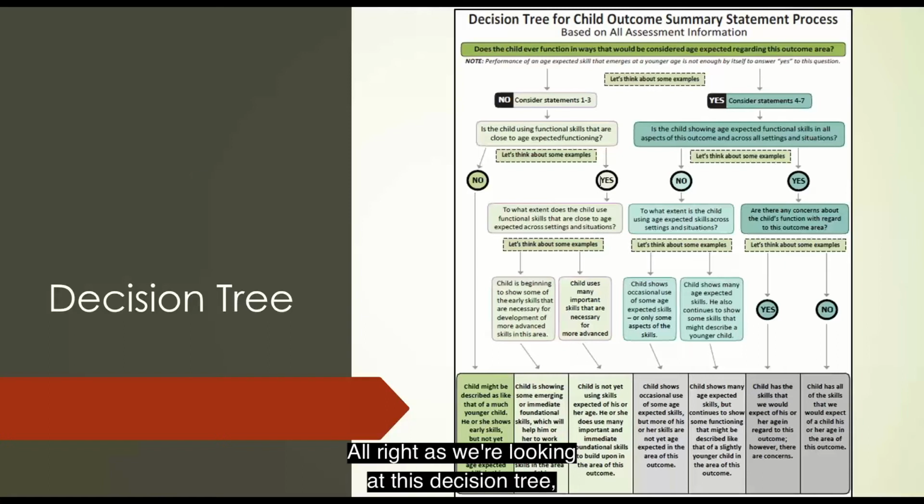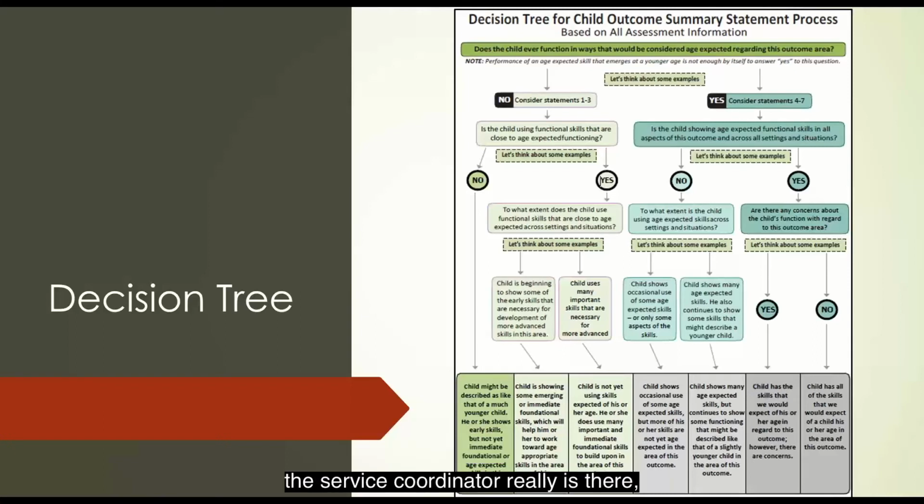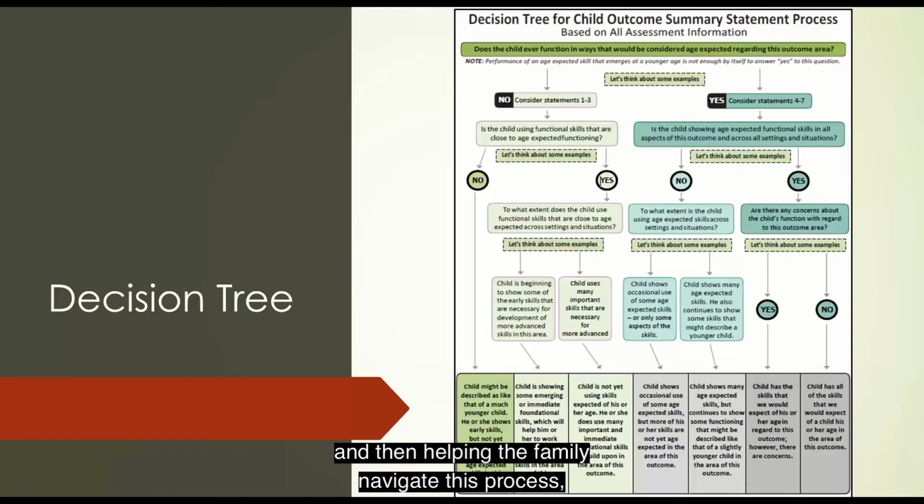All right, as we're looking at this decision tree, I think it's important again to touch on roles between the professionals, most likely the PSP, versus the service coordinator and anyone else that's there. When going through this decision tree with the family, the service coordinator is there to make sure the family understands why their COS ratings, how they're used, and to help the family navigate this process and encourage their input.